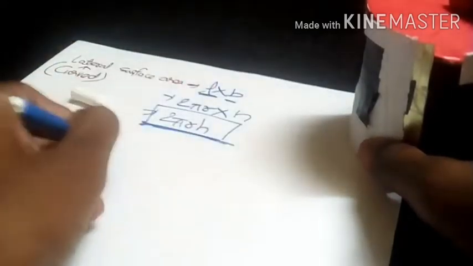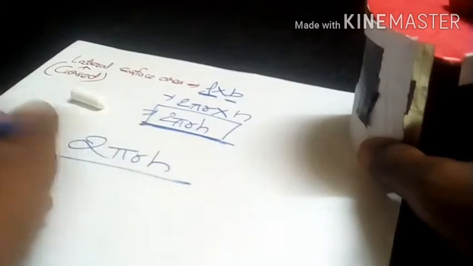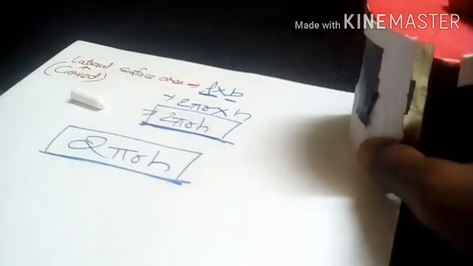So L is equal to 2 pi r into B. What is the value of B? Breadth is nothing but height of the cylinder. So it will be h. So multiplying this, we will get 2 pi r h, which is the formula of lateral surface area. 2 pi r h, lateral surface area of cylinder.